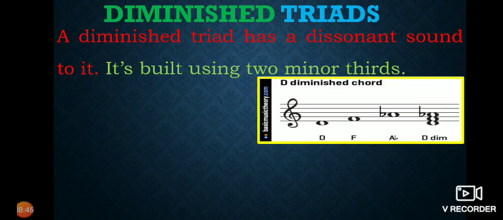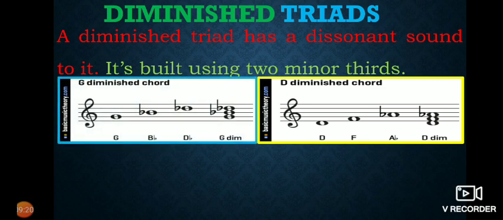Which is diminished triad. A diminished triad has a discordant sound to it. It is built using two minor thirds. On the staff that's on the screen, the root stands alone, the third stands alone, but the fifth is reduced by using the flat sign.